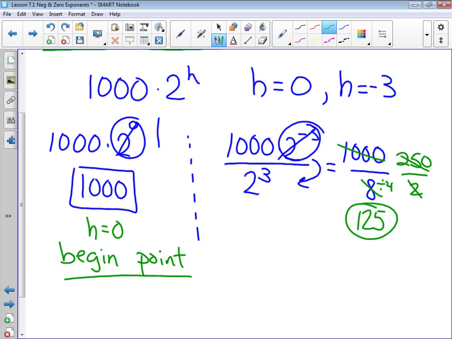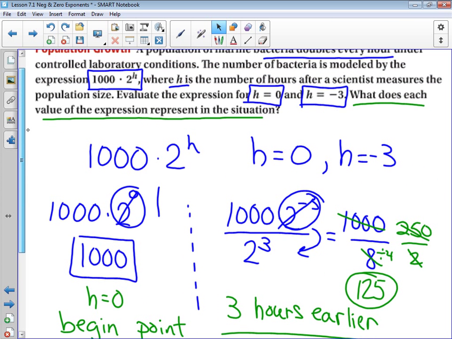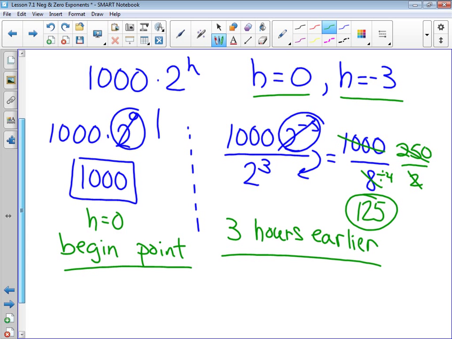Well, how can you have negative 3 hours? What it really means is that's the population size 3 hours earlier. But again, don't get hung up on all the specifics on this word problem. What I really want you to see is how you can apply zero exponents and negative exponents to a real life problem.